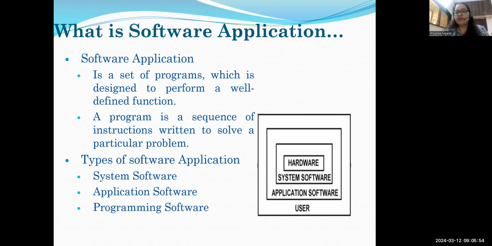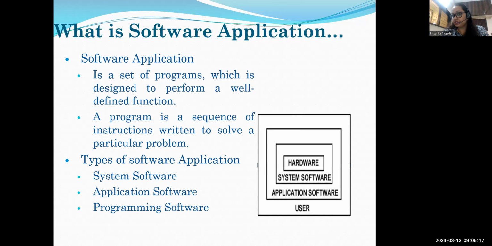System software helps the computer system to manage its entire resources. That is called system software, and it's an internal thing. Basically, operating system and some utilities like compiler, interpreter, and device drivers are simple examples of system software.